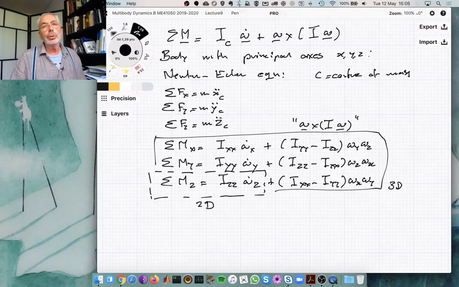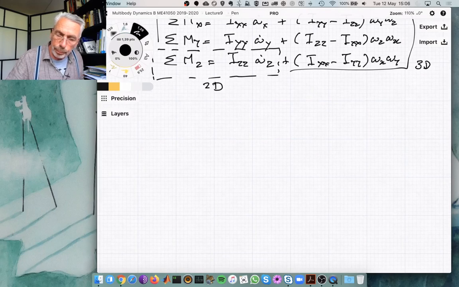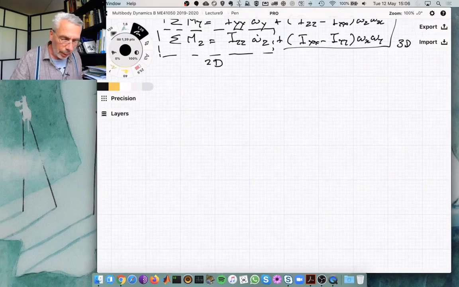And that has consequences also on the dynamic behavior of rigid bodies in space versus rigid bodies in a plane. And as an example, I will look at such a strange, unexpected behavior.